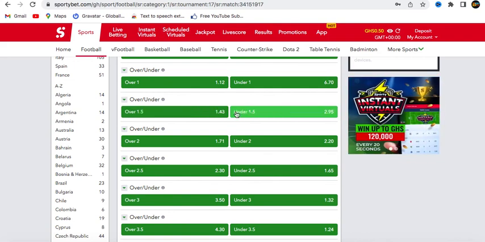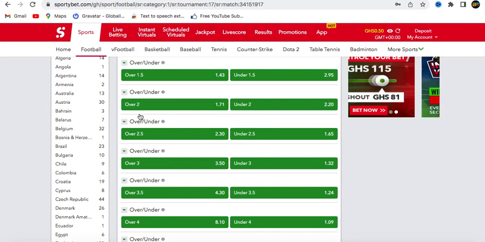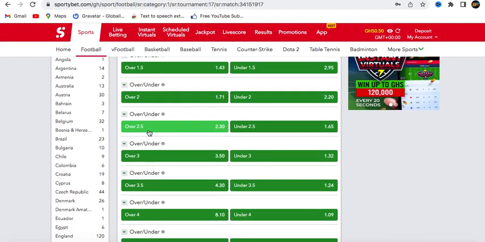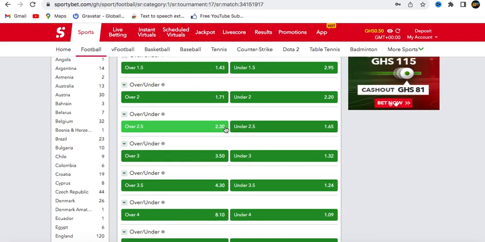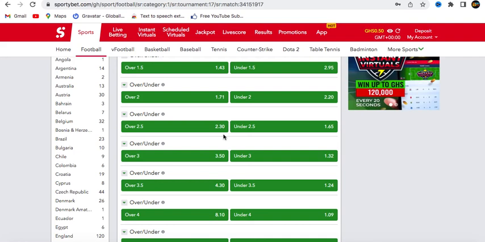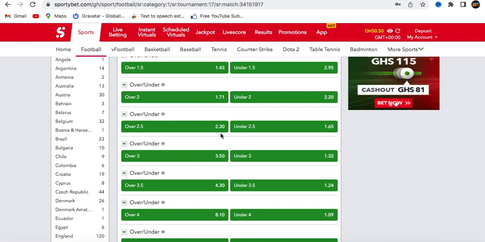Over 1.5 is 1.43, highly likely. Over 2 is 1.71, highly likely. Over 2.5 goals is 2.30, and this is a little bit hard to happen. So 3 goals could be a little hard to happen, but it could happen.